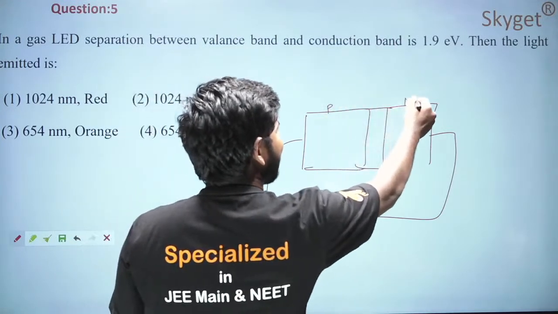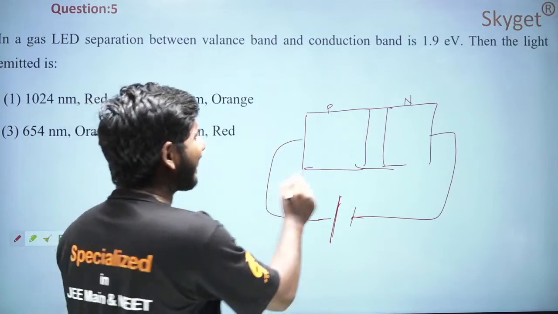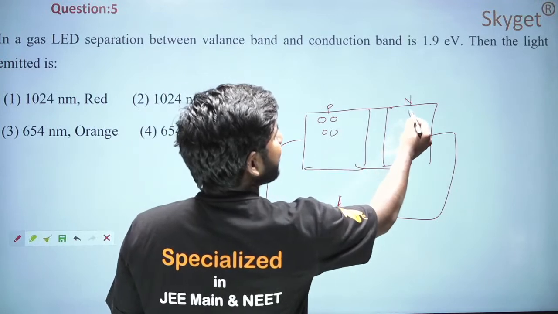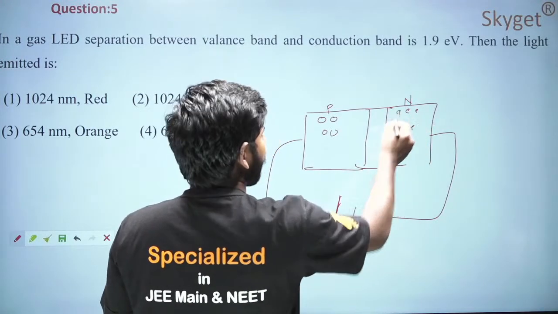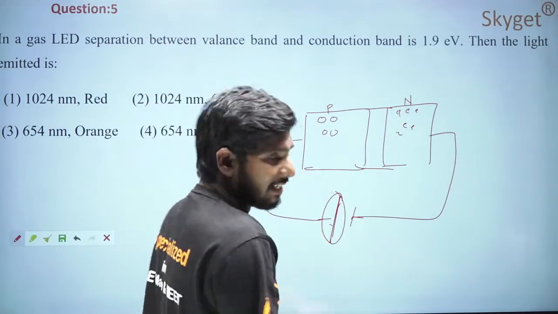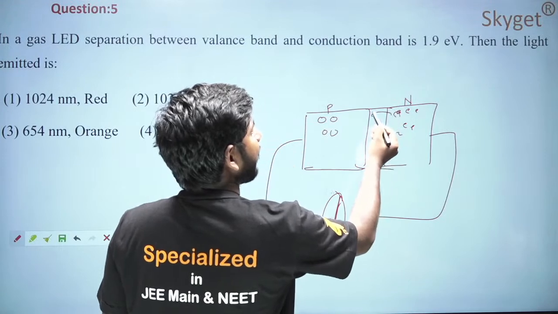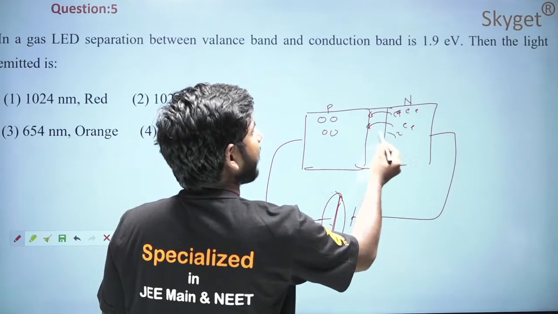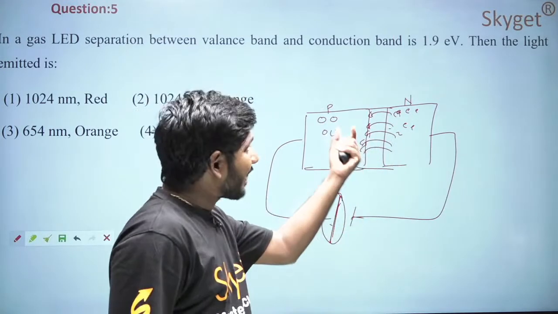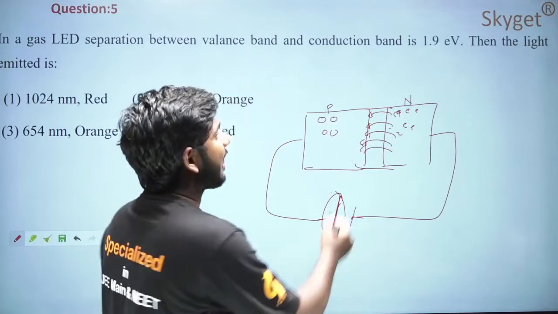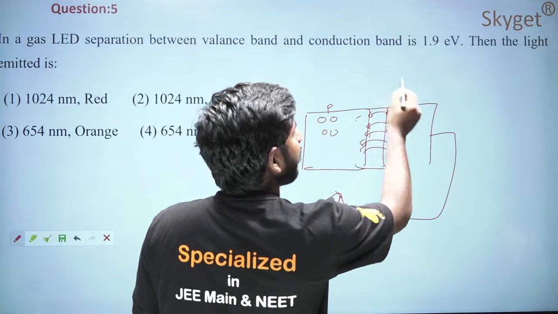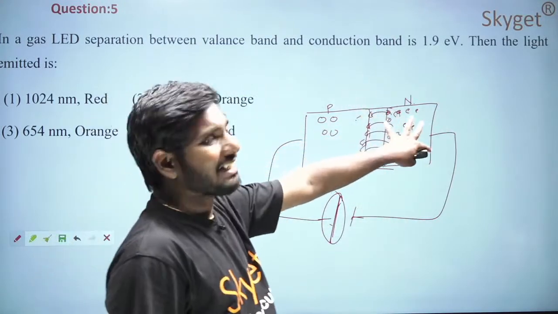This is p type, this is n type. Here the majority carriers are holes and here the majority carriers are electrons. Because of the forward bias, there will be a drift of electrons, which are minority carriers in p type, and a drift of holes towards n type, which are minority carriers in n type.